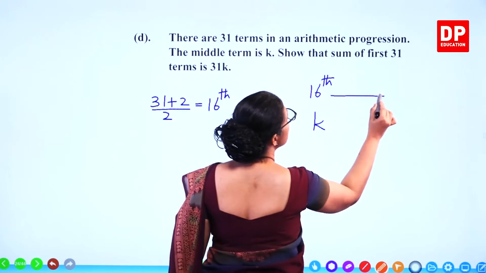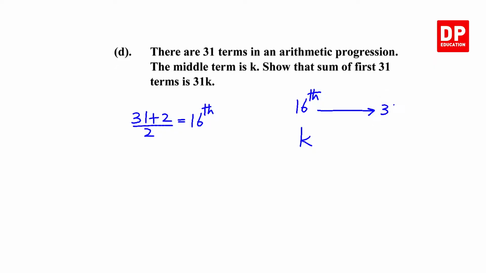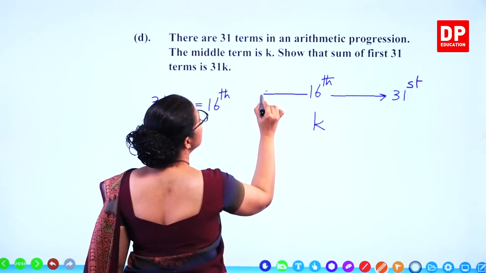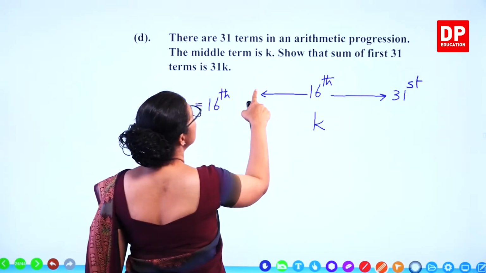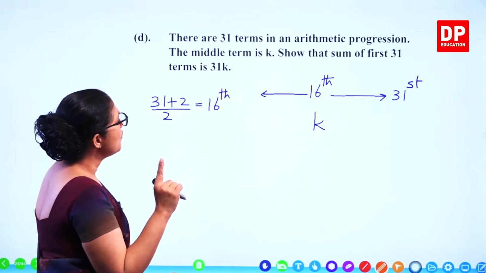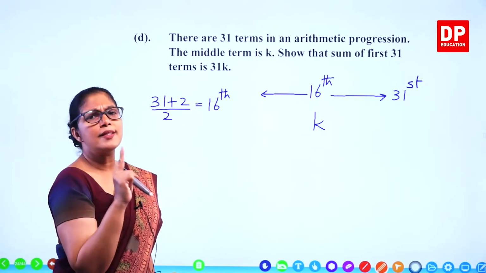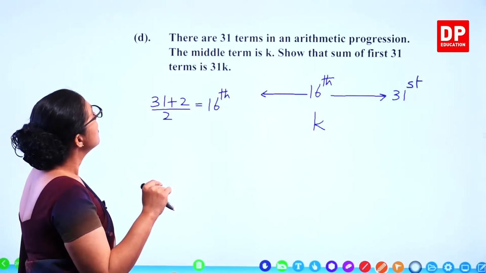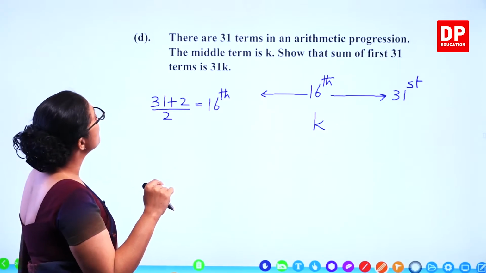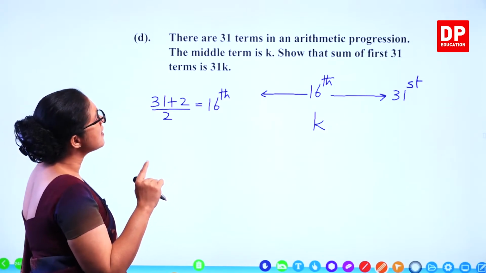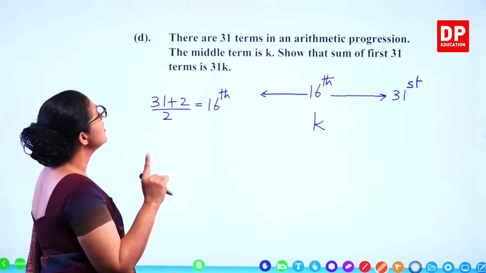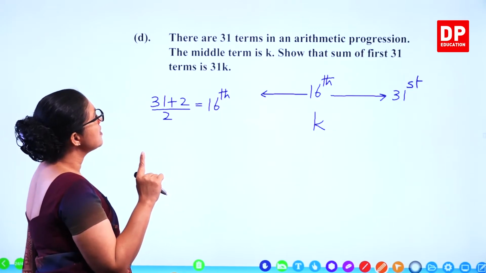So you get 31st term, and here first term. We don't know, but we know the 16th term is k. So 31 terms in an arithmetic progression, the middle term is k. Show that the sum of first 31 terms is 31k.